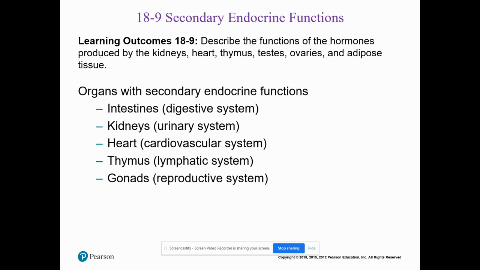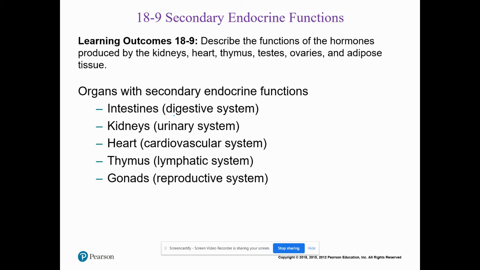All right, so secondary endocrine functions. And this is where we're talking about secondary systems like reproductive that come about as you get farther and farther away from the hypothalamus itself and the anterior and posterior pituitary. So these are all here, and you'll see this system doesn't go away, guys.